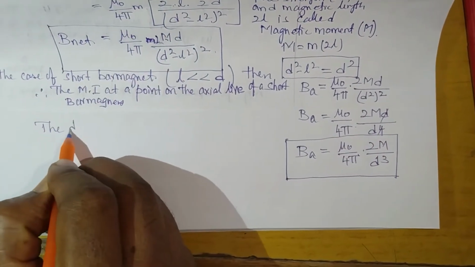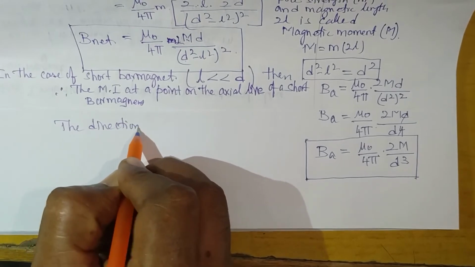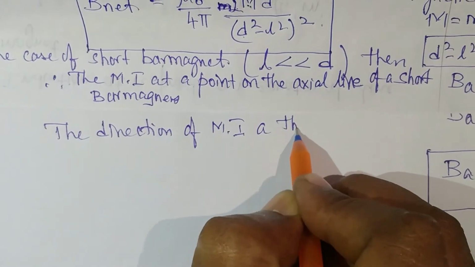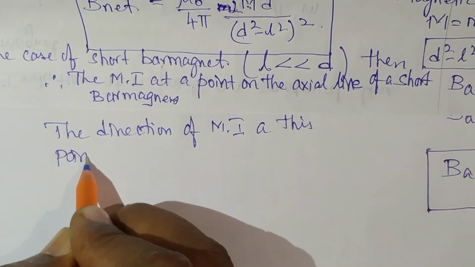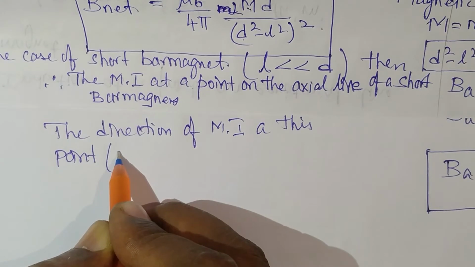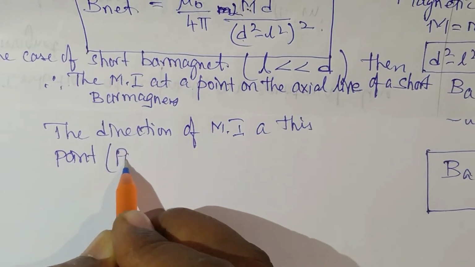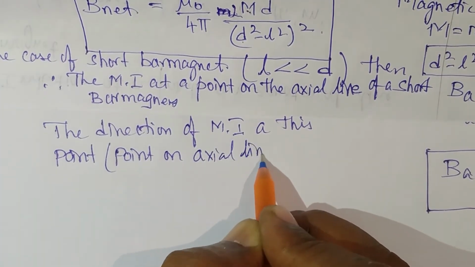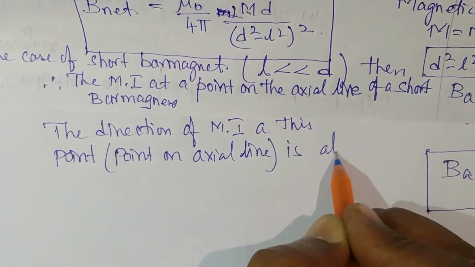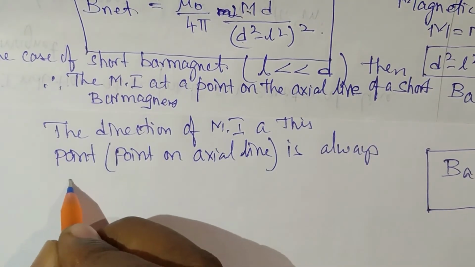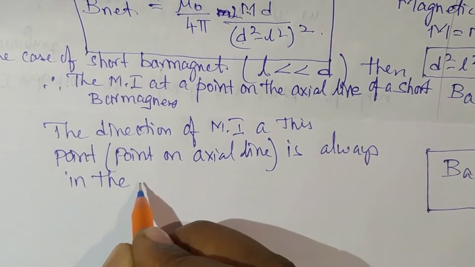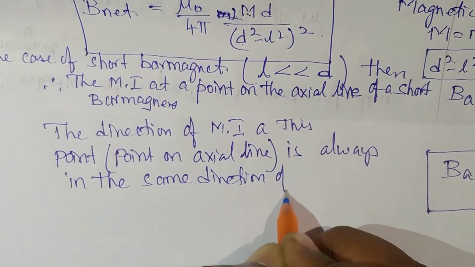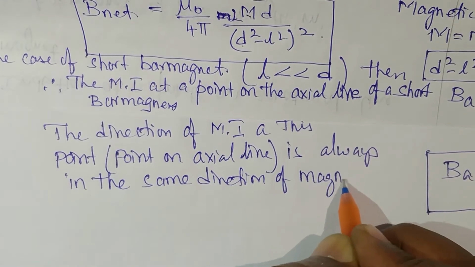The direction of magnetic induction at a point on the axial line is always in the same direction of magnetic moment.